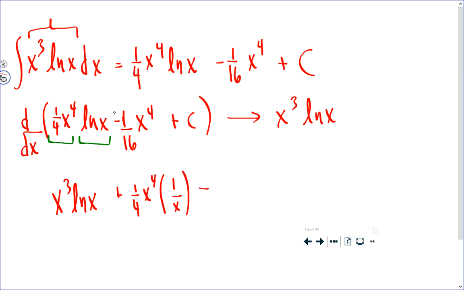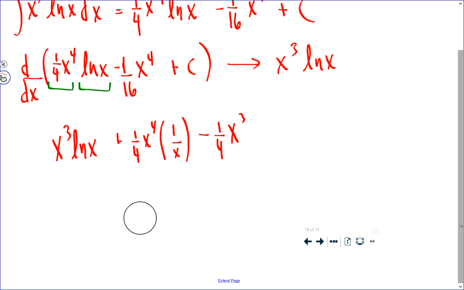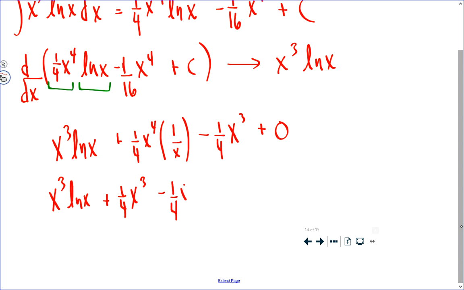Then I have to subtract the derivative of 1/16 x to the 4. If I swing that 4 down, I get 1/4. I drop 1 from the exponent, I get x cubed. Plus, of course, the derivative of my constant, which is 0. This becomes x cubed ln x plus 1/4 x cubed minus 1/4 x cubed.